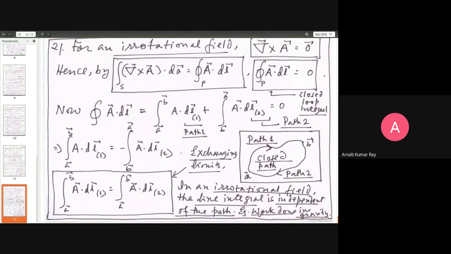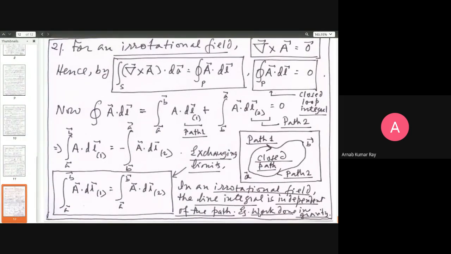An example of that is work done in gravity. I hope you are aware of the fact, as you might have studied in school, that work done in a gravitational field is independent of the path that you take. In a gravitational field, you can travel along any path. You can take a heavy suitcase up from the ground floor to an upper floor or to the roof of your house.